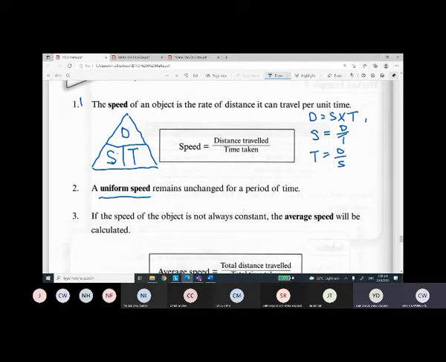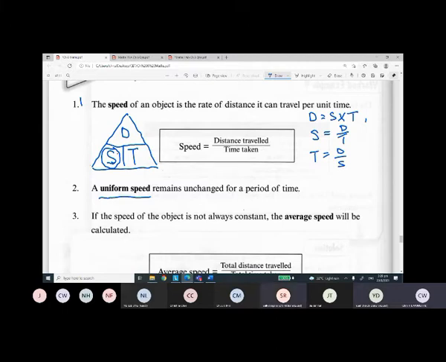No. You look at the triangle I draw for you. Like just now, Li-Ling mentioned it's D over T, right? If I want to find S, S is the speed, right? S is equal to, can you look at the triangle? Tell me what do you have on top? D, right? Darwin, is it D? Yes. What is below D?